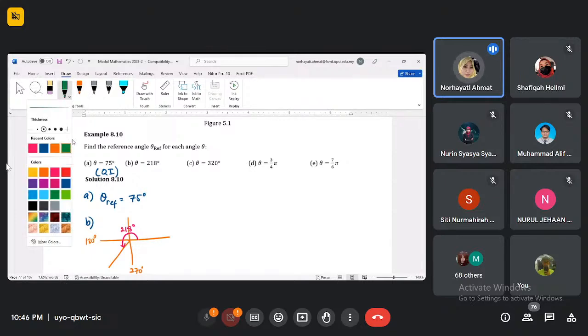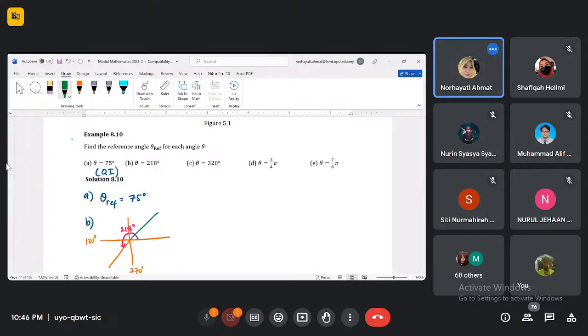Okay, kita tahu reference angle mesti berada pada first quadrant. So, dia mesti berada di sini. Okay, what is the angle? This is the reference angle. Okay, how to find the reference angle? Okay, so X is equal to 218 minus 180 degree. So, dia sama kan yang ini, yang kita pakai ni.